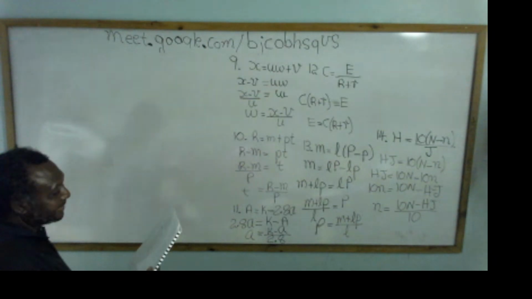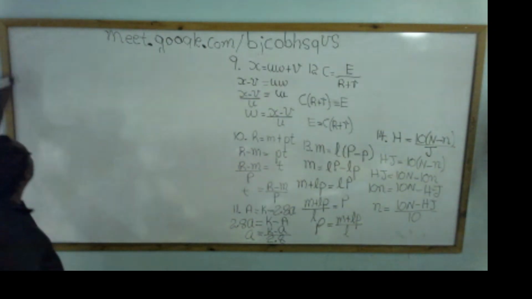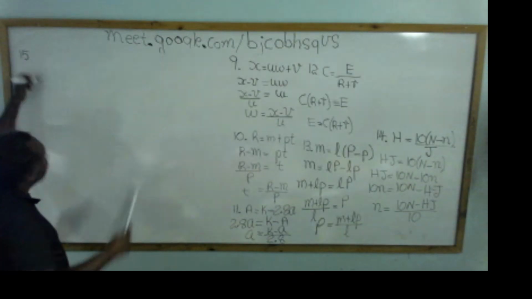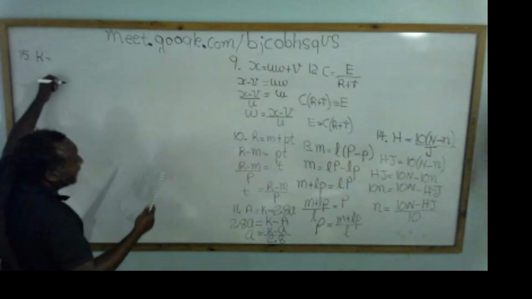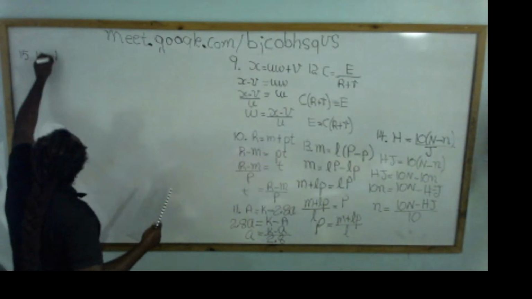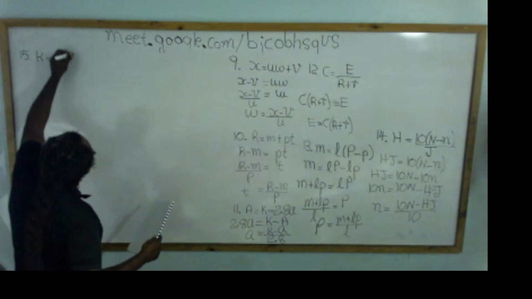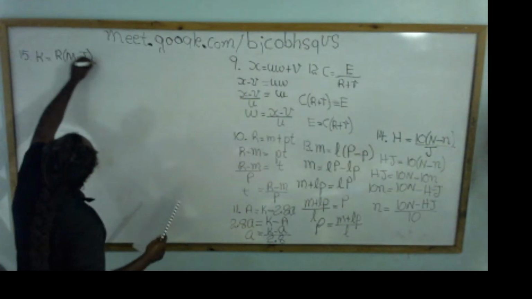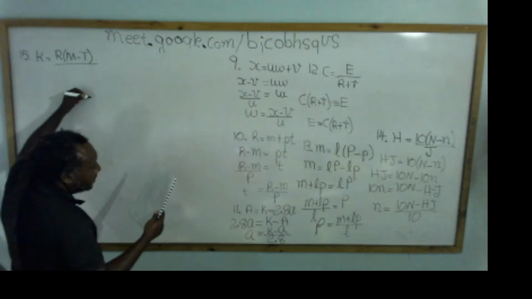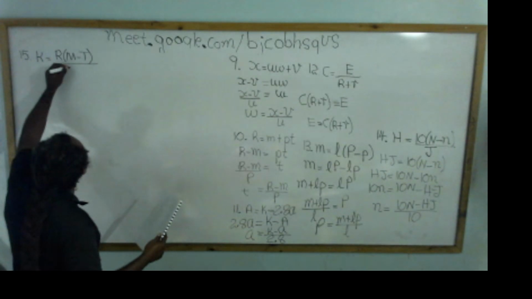Number 15. Number 15 is light work. Why? Because if you have been paying attention all along, let me see if it is an exact analogy. No, it is not an exact analogy.